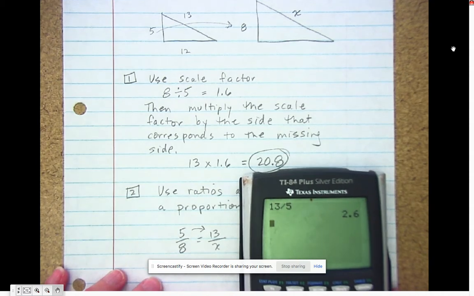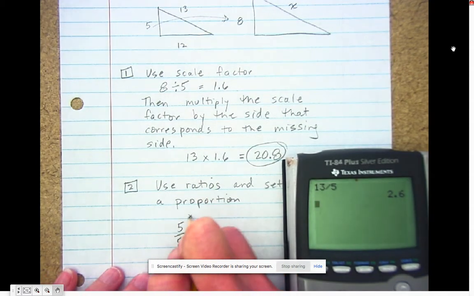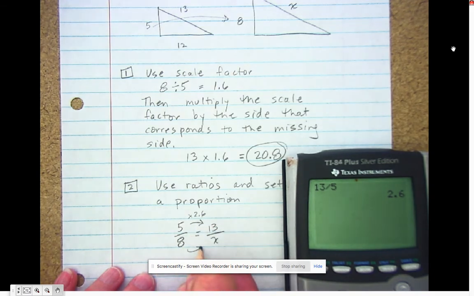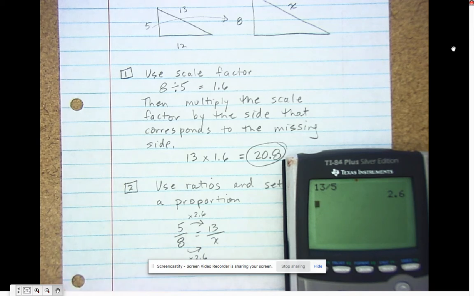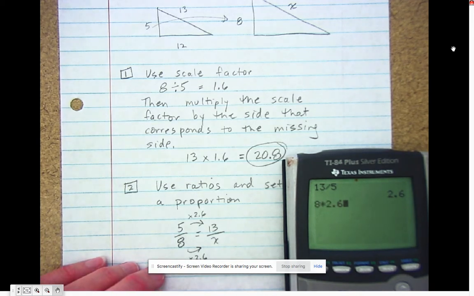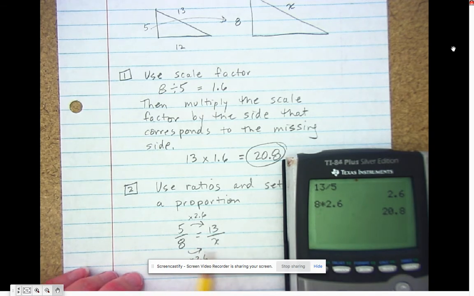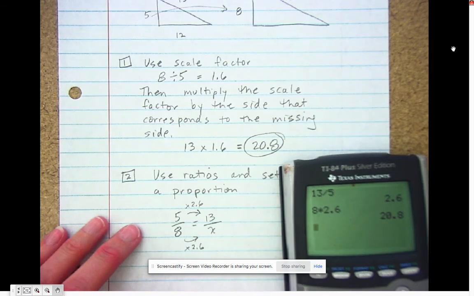I scale this by 2.6 and do the same to the bottom. If I take 8 times 2.6, by those ratios it has to be 20.8, just like what we thought earlier.